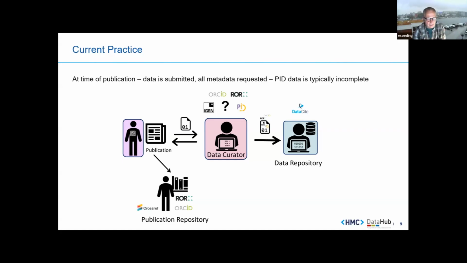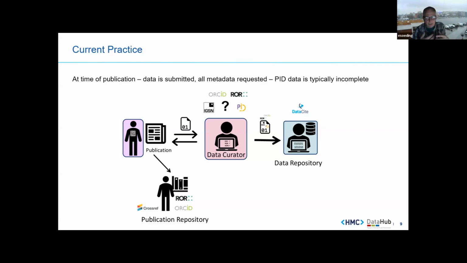Ideally, the data curators would like to nail different PID types to this data, but often that's not really possible. It's difficult because the researchers don't know these PIDs, and the information is not progressing within the organization properly.